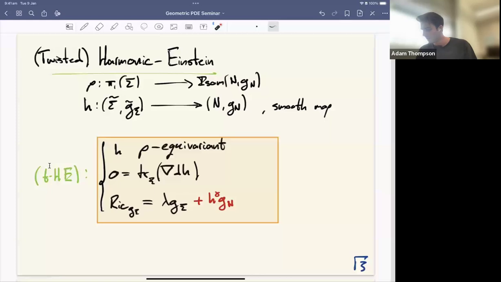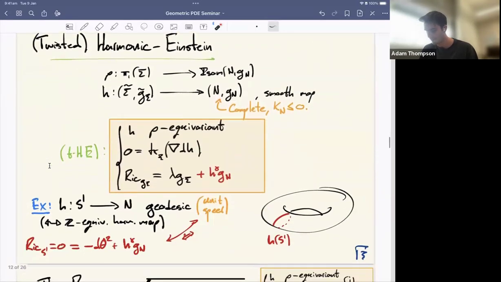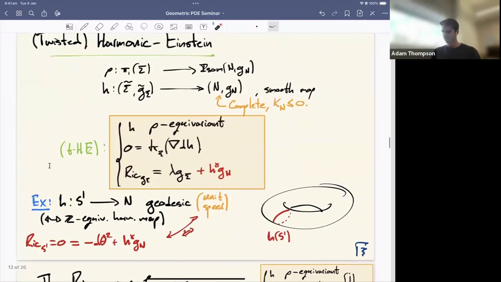Perfect. And so just to give you a small example of a solution to these. I said before that a closed geodesic gives me a harmonic map from S^1.